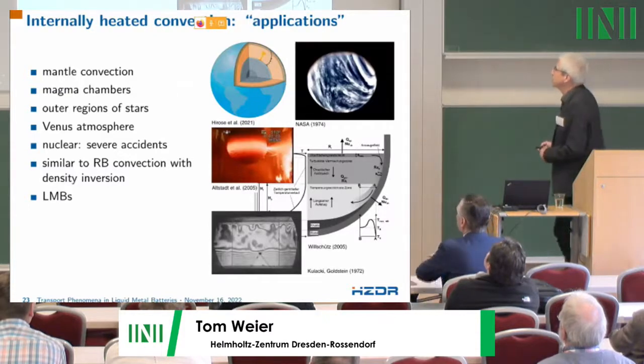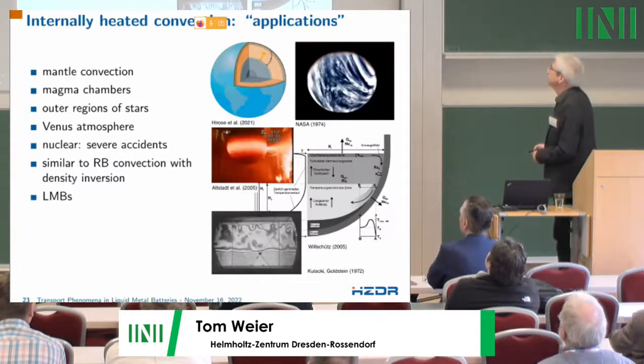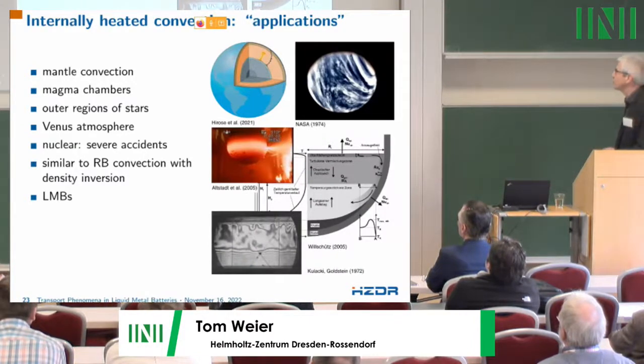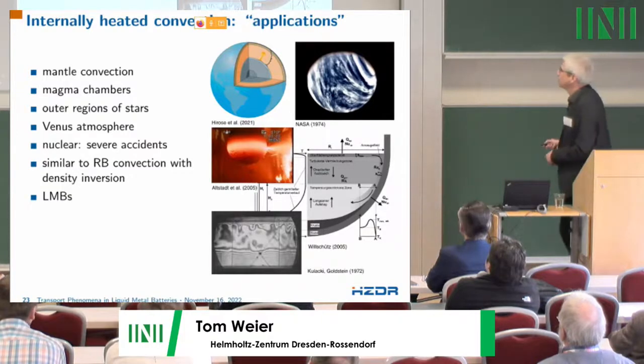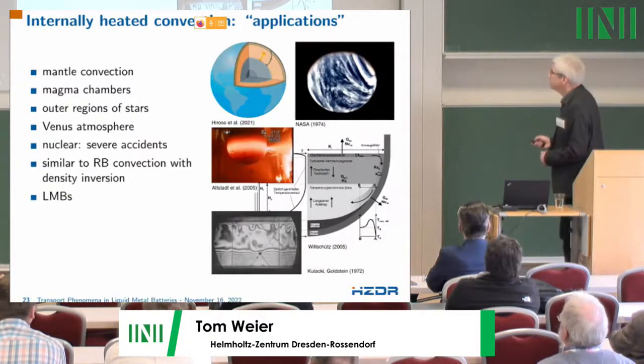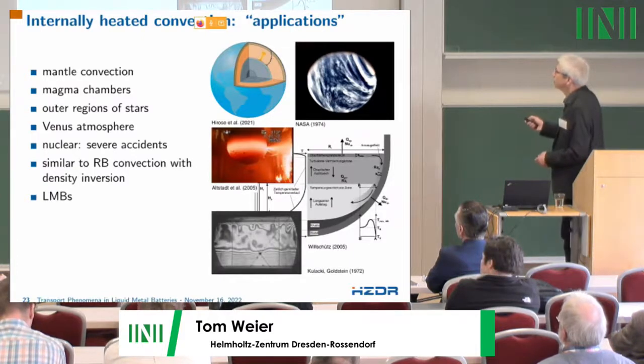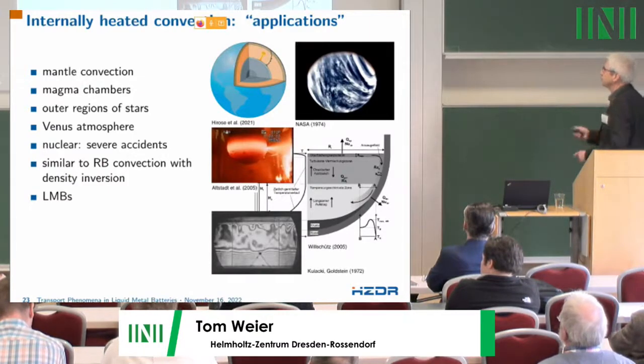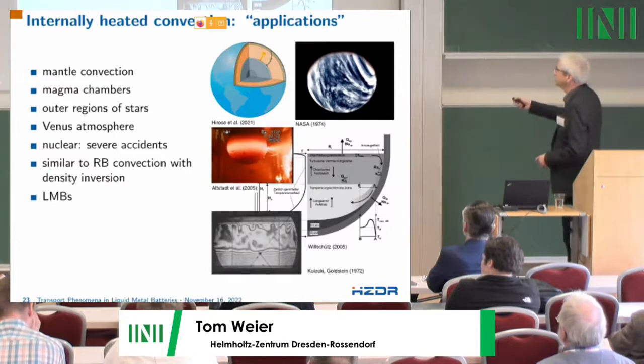A few examples for internally heated convection. It happens in mantle convection, magma chambers, the outer region of stars. Venus's atmosphere was under discussion. In severe accidents in nuclear facilities, you might have the core going down to the bottom, heating the vessel, and then you have a mechanical break of the vessel and it sprays out the core material.